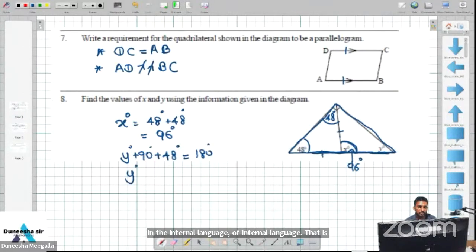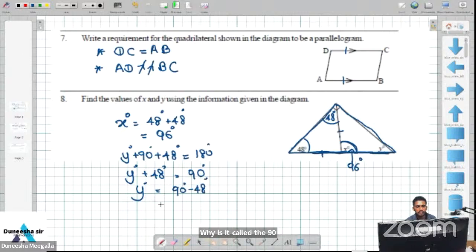So y is equal to 90 minus 48. What is the answer? 42. Okay, if you finish, raise your hand.